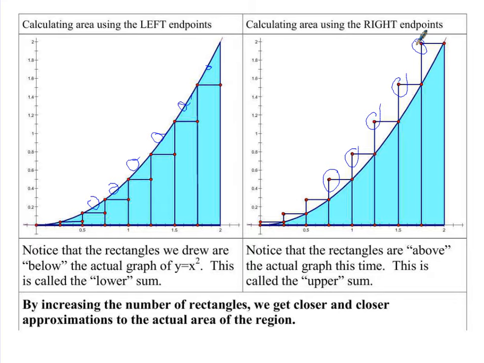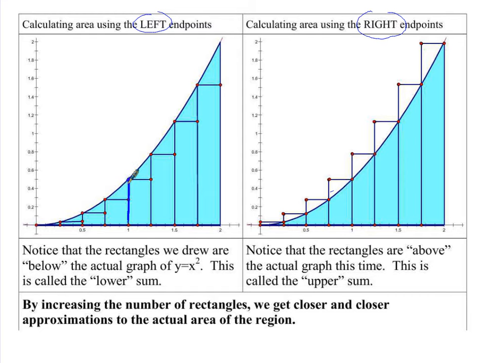Okay? Now I'm calling this using left endpoints and using right endpoints. So let me get rid of all these little marks that I just put on here so that we can figure out what left and right endpoints means. Left endpoints means the left side of the rectangle that I'm creating comes up and touches the curve. So, for example, on this rectangle right here, the left side of that rectangle is this guy right here.